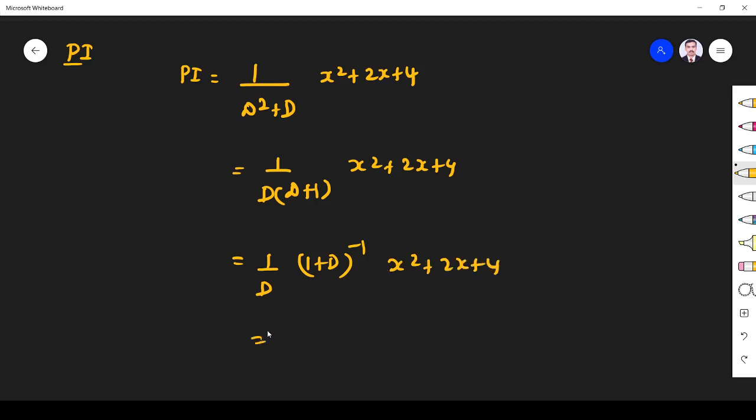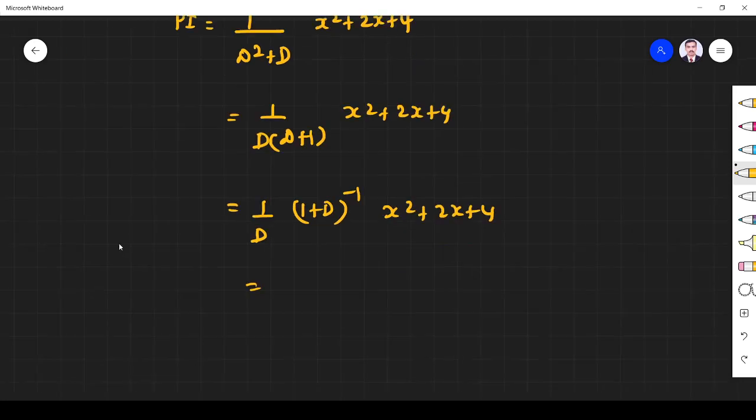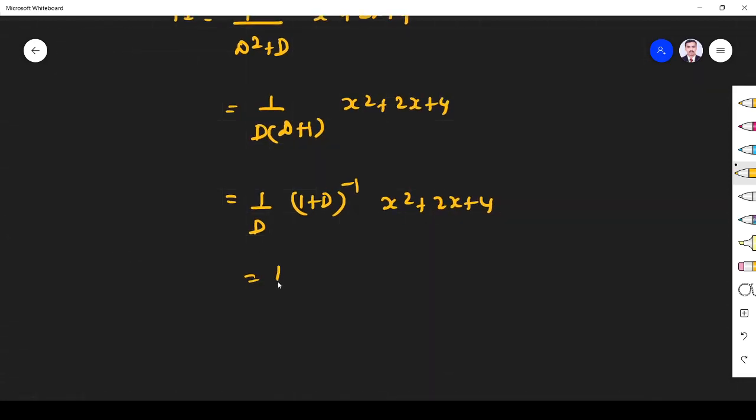Just now we studied the expansion of (1 plus x) power minus 1 using the binomial theorem. So it is 1 minus x plus x squared minus x cubed, and it will go on like that. I stop at the second order, because if you differentiate x squared three times, the answer will be 0. So even this is not required, and these two terms are enough.